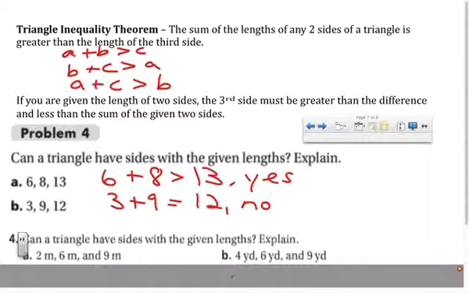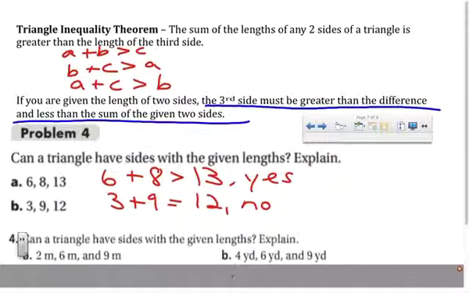Sometimes you'll be given two sides of a triangle and asked, can this other number be a side? Or you'll be asked to give a range of possible values. You'll notice that in your notes, I've added this little tidbit, that the third side has to be greater than the difference and less than the sum.